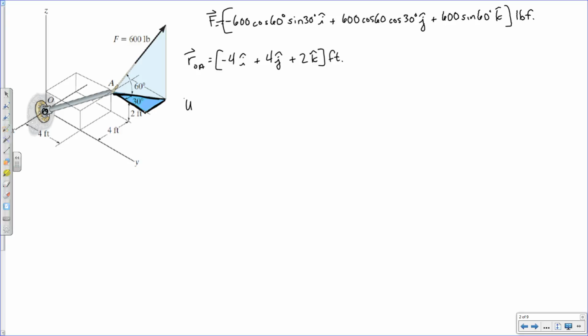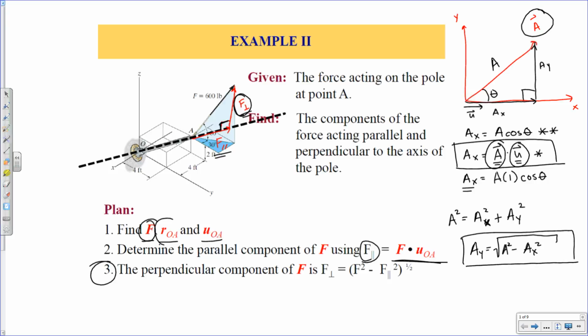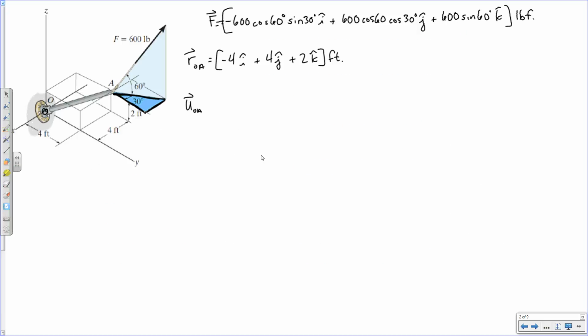If I want to determine the unit vector from O to A, because if I go back to this first slide again, I've just determined my position vector from O to A. Now I want to determine the unit vector from O to A. This is just simply the position vector from O to A divided by the magnitude of that position vector.